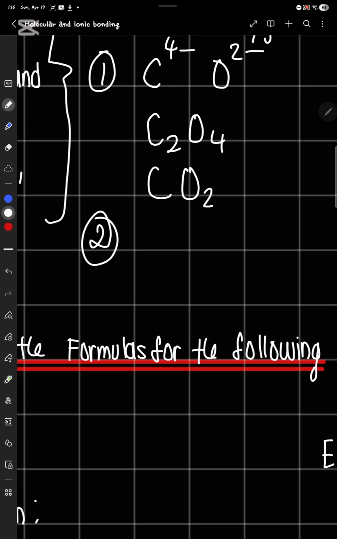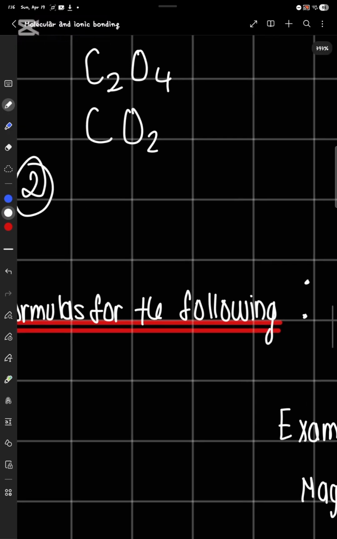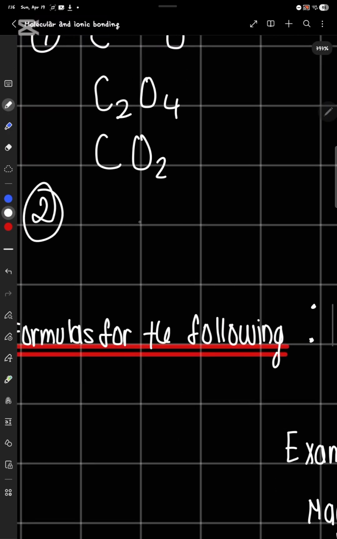You start off the same as with ionic compounds. But then to draw, draw a Lewis dot for C. So C has 4 and O has 6. But because we already know the formula, which is CO2, we know that there are 2 oxygens. So let's draw another one.